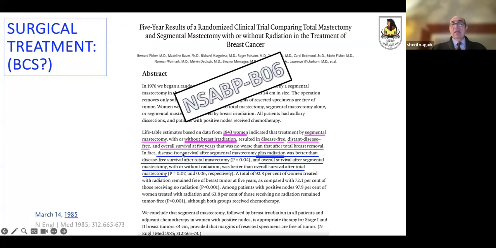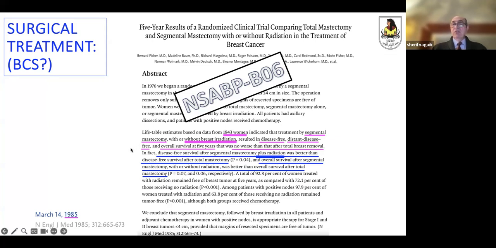And in the NSABP B6 study, which was almost 10 years later than the finding of this high rate of multicentricity in breast cancer patients, when it compared breast conservation, or what they called at that time segmental mastectomy, to total mastectomy, they found that the segmental and the total mastectomy were similar as regards disease-free and distant disease-free and overall survival at 5 years.